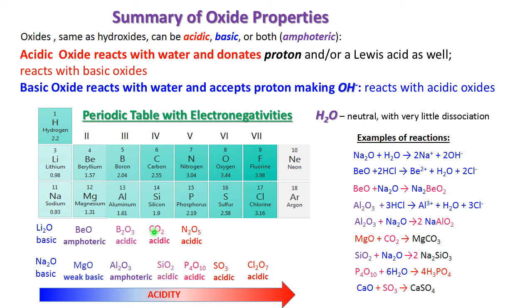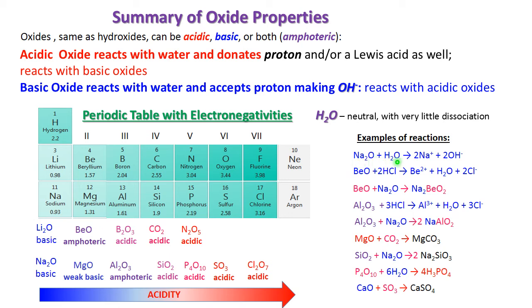Weakly acidic are carbon dioxide and phosphorus oxide, P4O10. It's a large complex molecule. Strongly acidic oxides are N2O5, SO3, and Cl2O7. Let's look at some examples of this.